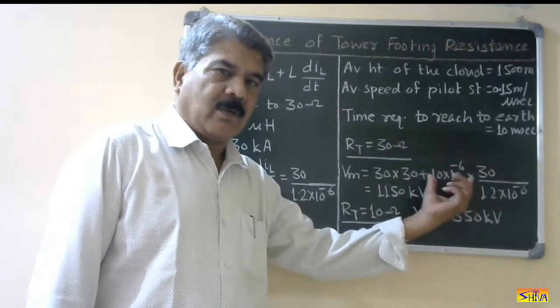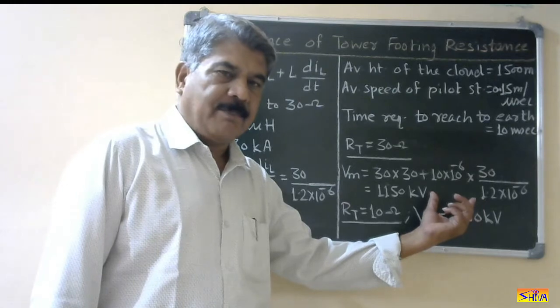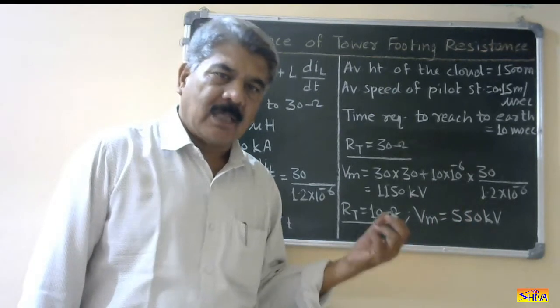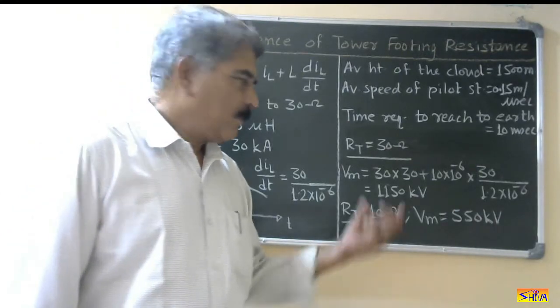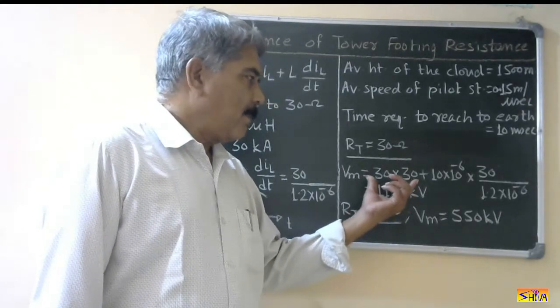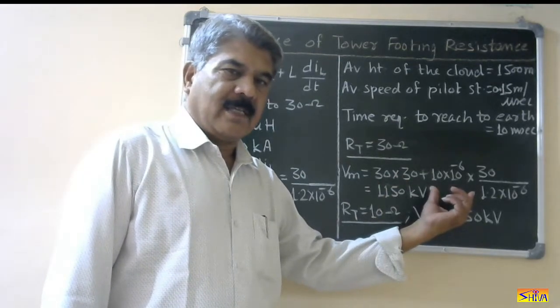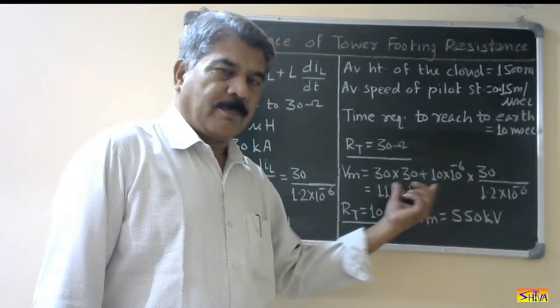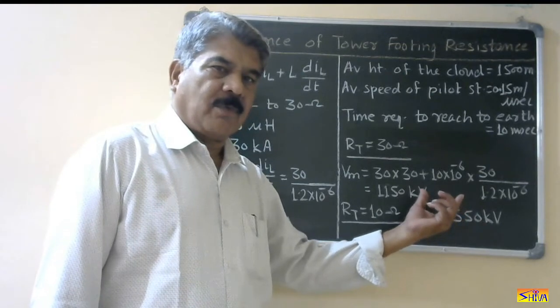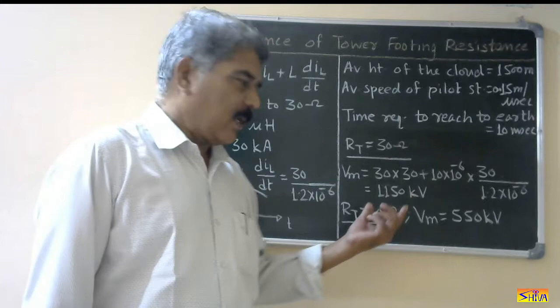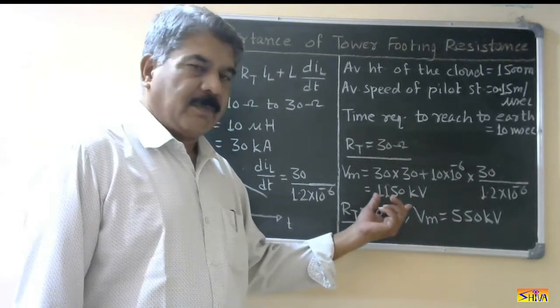And this will remain constant because we are not changing the inductance. We can control the tower footing resistance by some means. And you can see here the major contribution is due to this RT, 900 kV, and it is just 250 kV, so approximately 1/3 to 1/4 of this value. So it is 1150 kV.